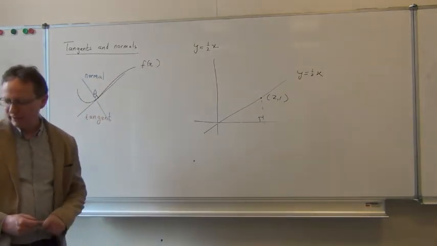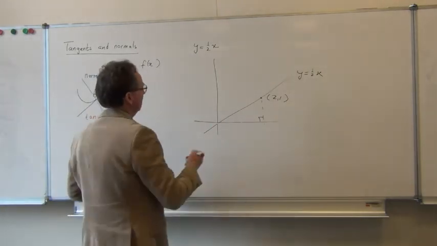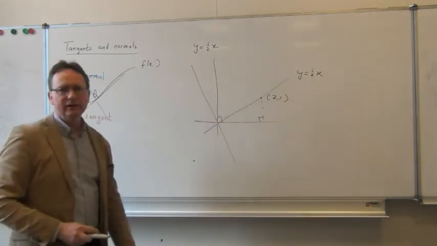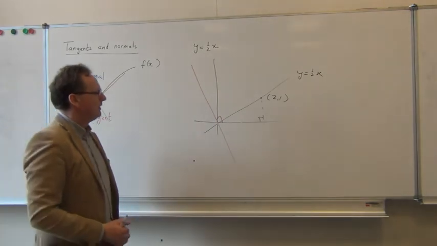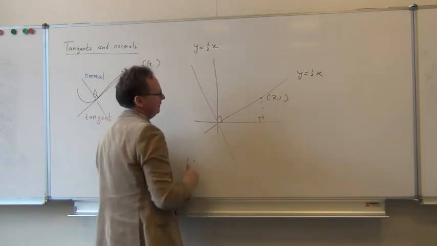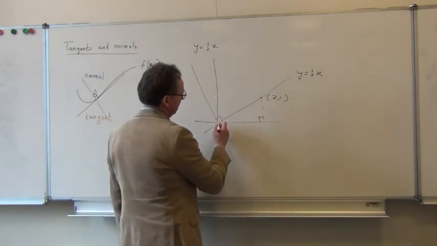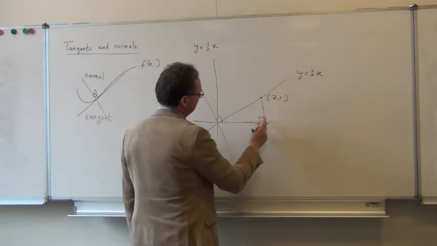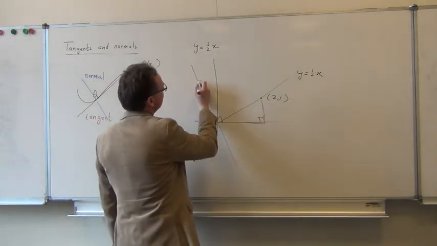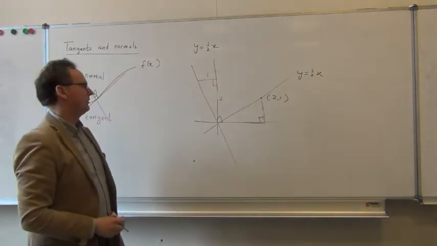Okay, now let's consider the line that's perpendicular to y is half x. Roughly speaking, something like this. And we would like to investigate the slope there. What happens if you rotate this line over 90 degrees? Actually, we can rotate the whole triangle over 90 degrees, and we end up with a triangle that's 2 up and 1 to the left.